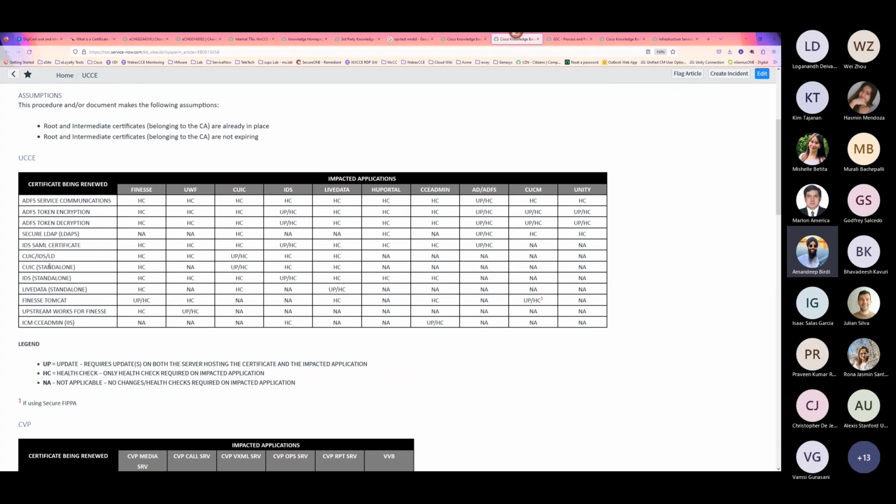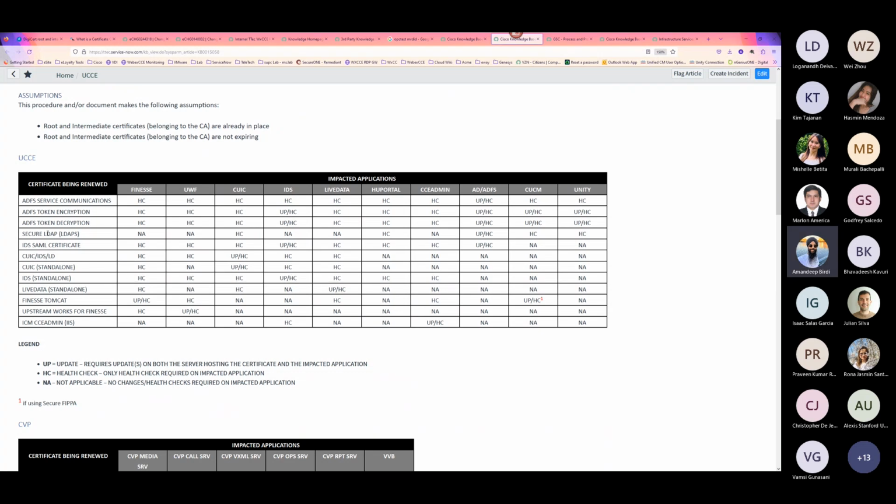So you're going to update the IDS cert. You need to perform health checks in Finesse, Upstream, CUIC, IDS itself. You need to perform the health check and the change on live data. Anything that relies on IDS, you need to perform health checks. That's the idea there.